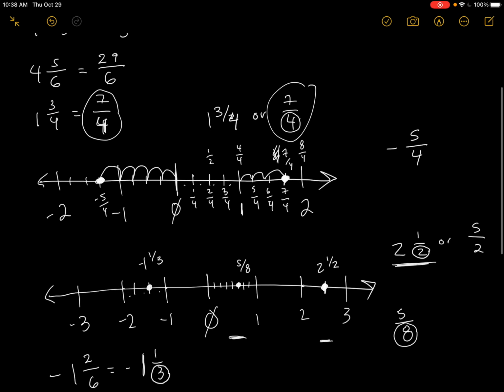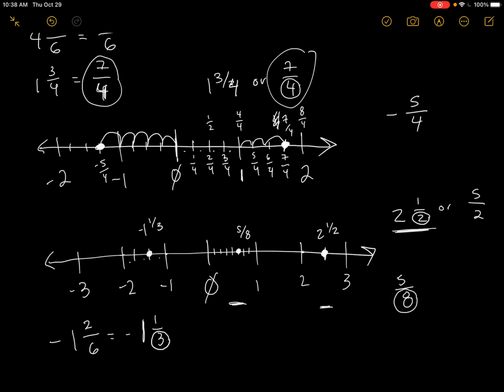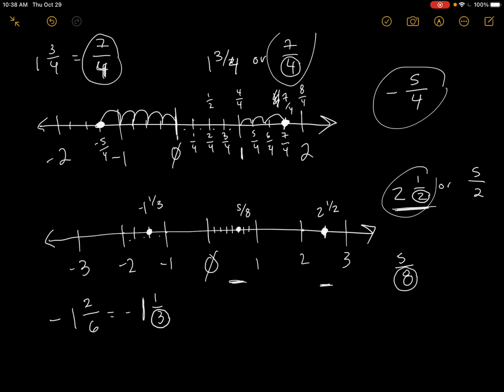Yeah, so that's graphing fractions. You can change them either to improper fractions, or you can use mixed numbers, however you prefer. The most important thing though is usually we don't use mixed numbers in algebra anymore.